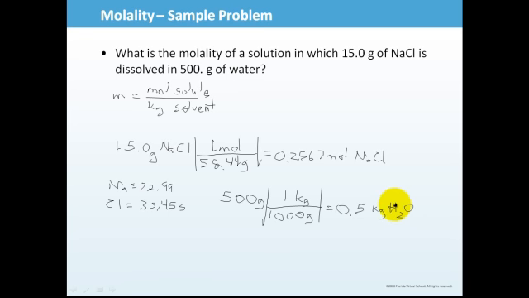Alright, so now we have what we need. We can just go back up to our formula here and just plug in our values. Okay, so I have on top 0.2567 moles of the NaCl.